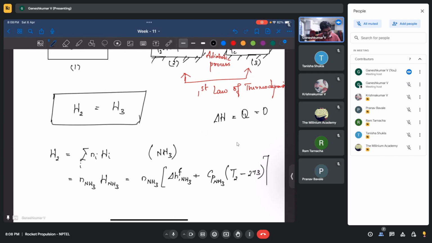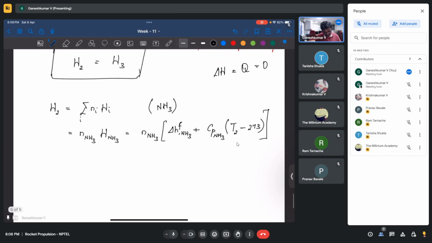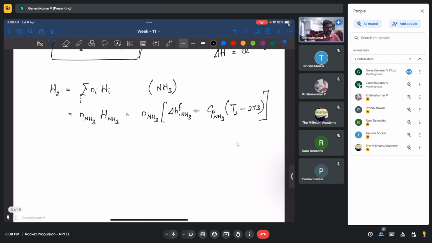This is how you define enthalpy at any temperature. If you remember back in maybe week 4 or week 5, this is how we defined enthalpy.